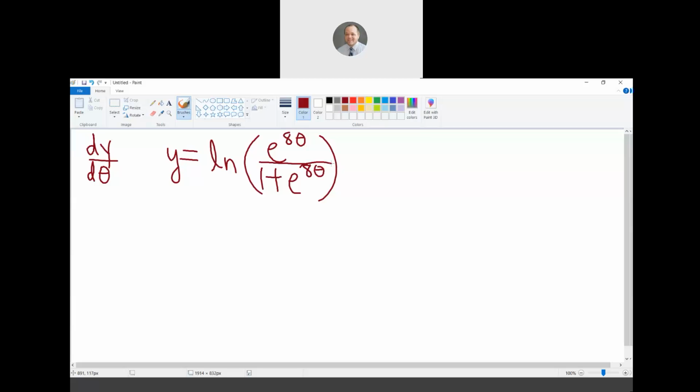Before we take the first derivative, use the quotient rule again to break down your natural log fraction. So we have natural log e to the 8 theta minus natural log 1 plus e to the 8 theta.